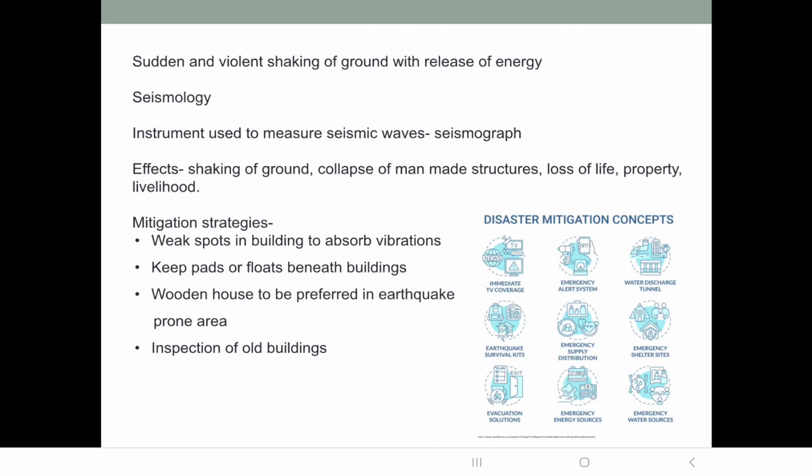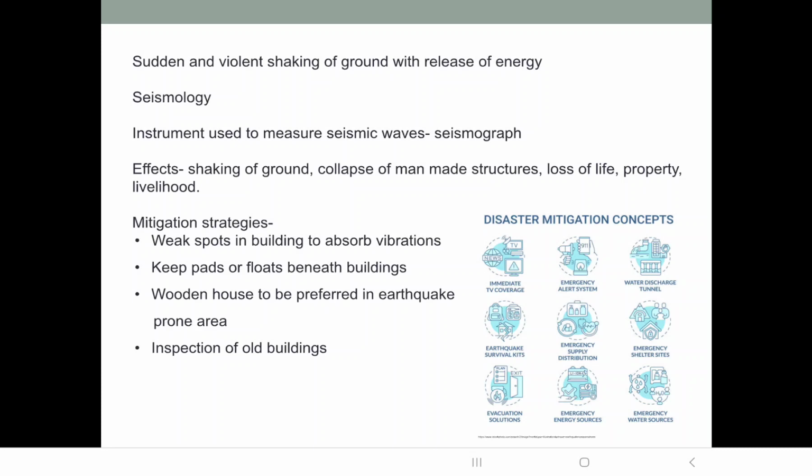Then emergency solutions. If an earthquake has happened in an area, then first aid has to reach these localities as soon as possible.